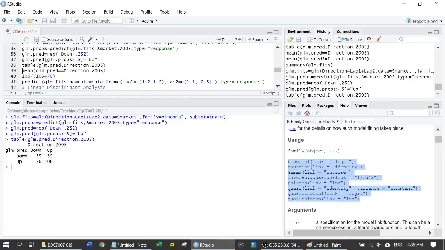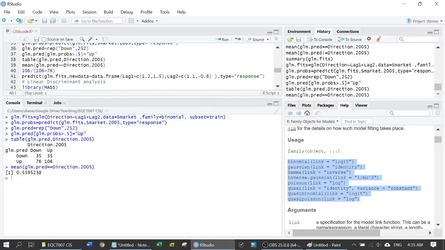Now we're going to tabulate the predicted against the actual value. And now the probability that you get it right is 56% of the time, which is a huge improvement compared to the previous two models that we have run before. So you have correctly classified 35 and 106, which is 56% of the time.